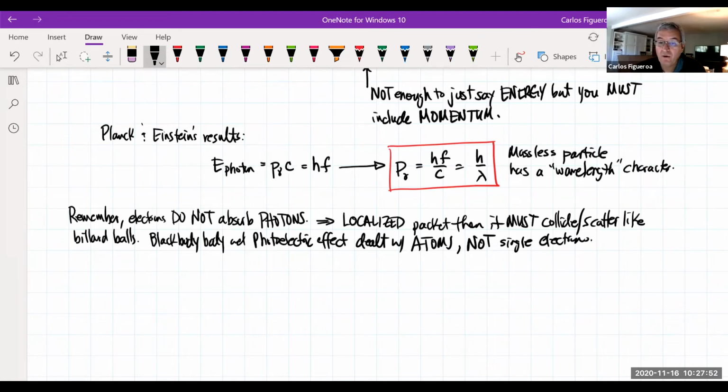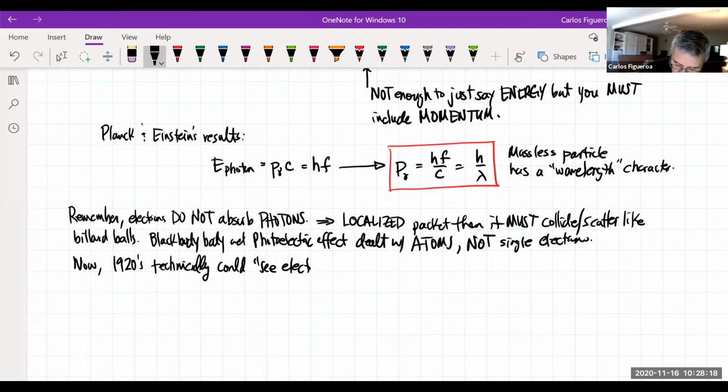So now, around the 1920s, I think it was 1922, 1920s technology could see electrons.